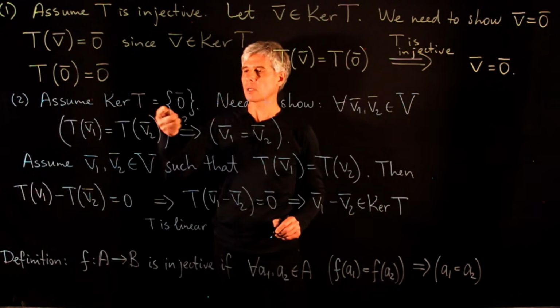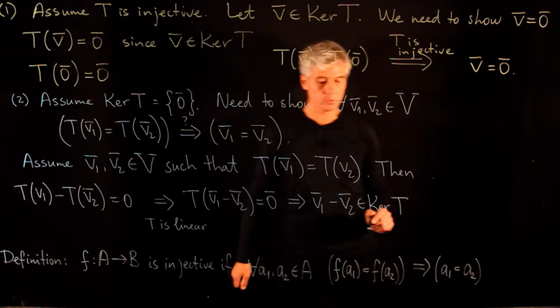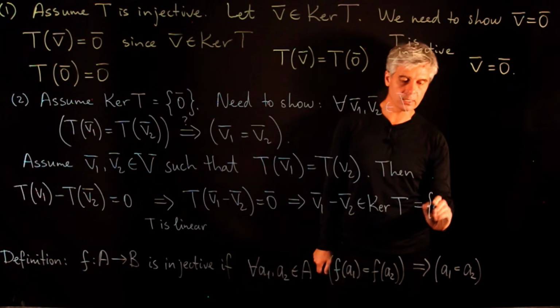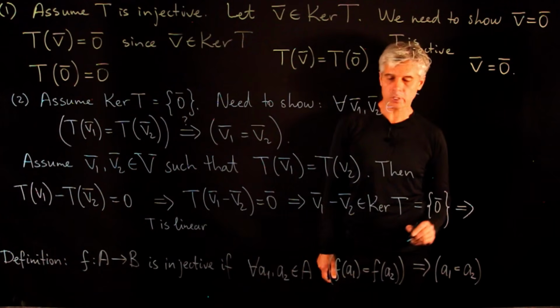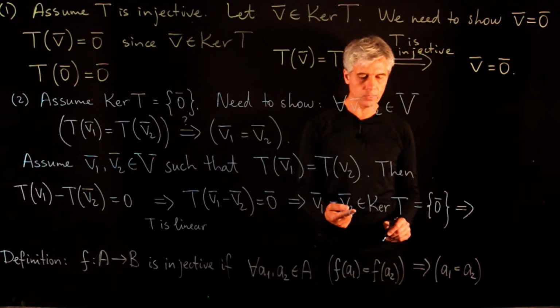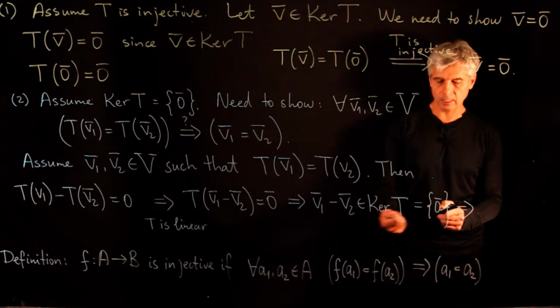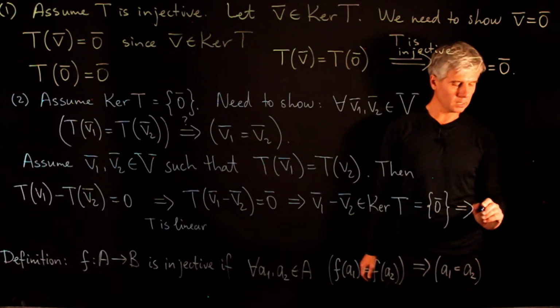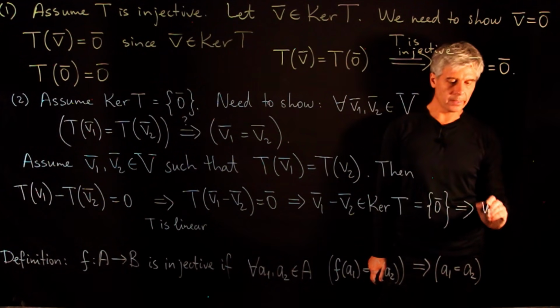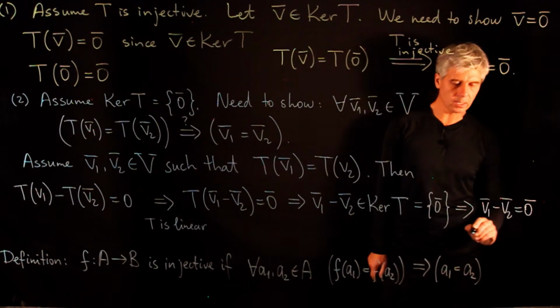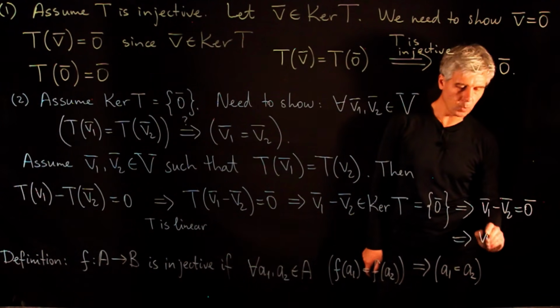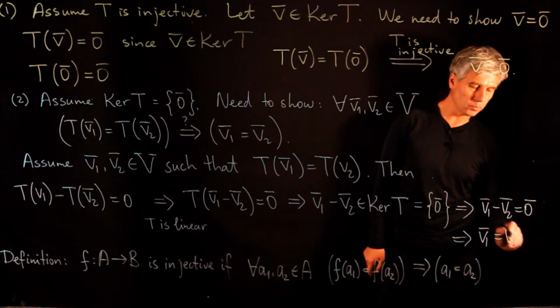Our assumption is that the kernel consists of just the zero vector. And so this is just the zero vector. And of course, if V1 minus V2 is in the set, this means that V1 minus V2 is equal to the zero vector, which implies that V1 is in fact equal to V2.